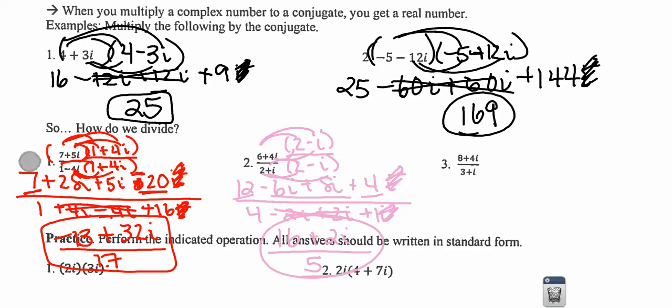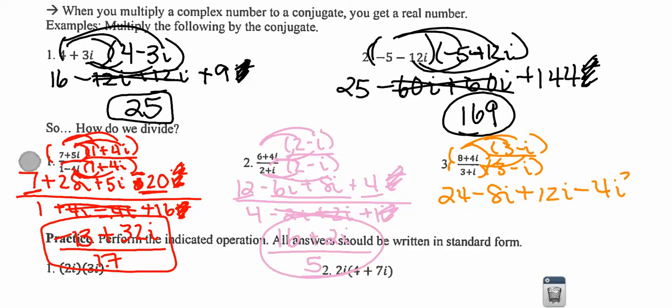And if I go ahead and do this very last one, I'm going to multiply by the conjugate, which is 3 minus i, and then I'm going to double distribute. So I have 24 minus 8i plus 12i minus 4i squared. i squared is equivalent to negative 1, so I scribble it out, change the sign. 3 times 3 is 9. 3 times negative i is negative 3i plus 3i minus i squared.